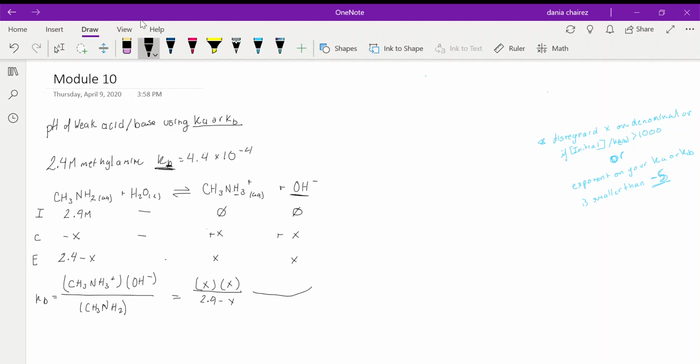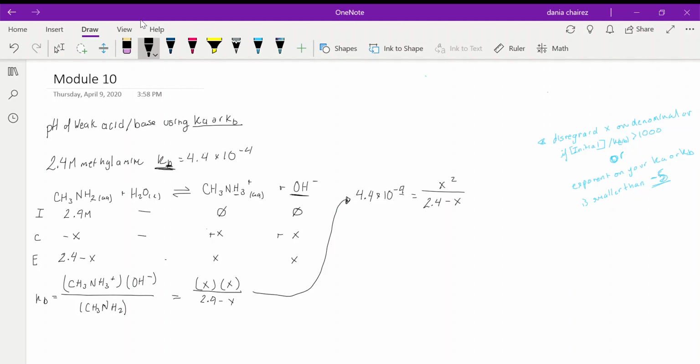So we have 4.4 times 10 to the negative 4 is equal to x squared over 2.4 minus x.